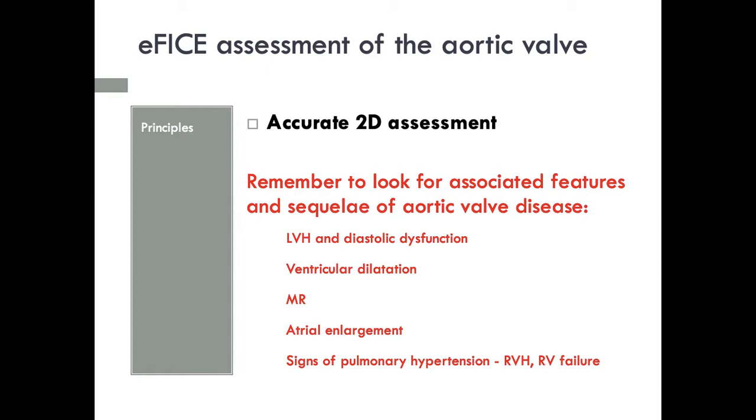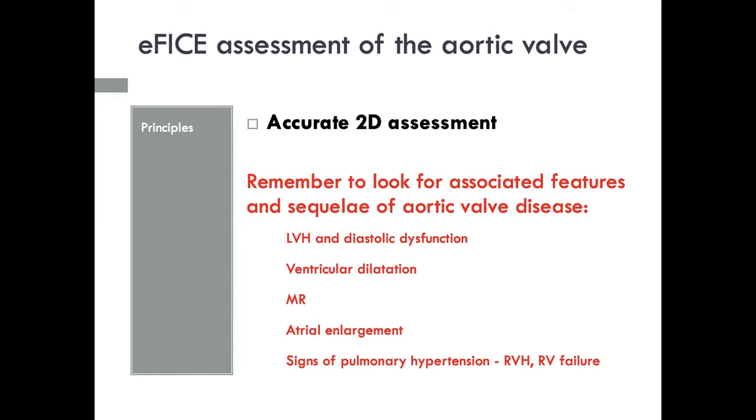So we're not just looking at the valve leaflets and their motion, we're also looking, for example, in a patient who has aortic stenosis, for left ventricular hypertrophy and the inevitable diastolic dysfunction that goes with that.